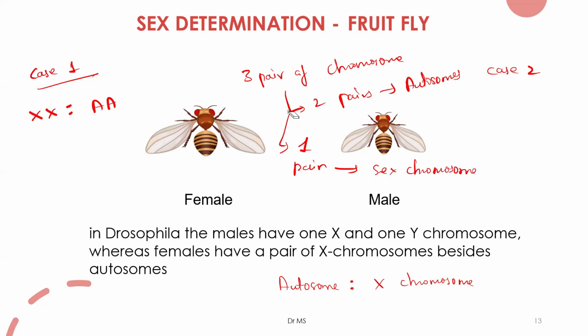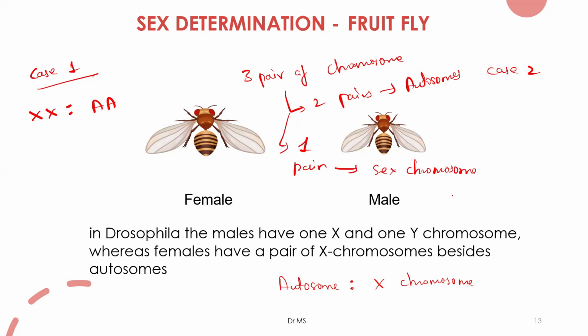So one thing to remember about the fruit fly, also called Drosophila: it contains three pairs of chromosomes. We contain how many? 23 pairs. Like that, the fruit fly contains three pairs of chromosomes. Of the three pairs, two pairs are autosomes and one pair is the sex chromosome.